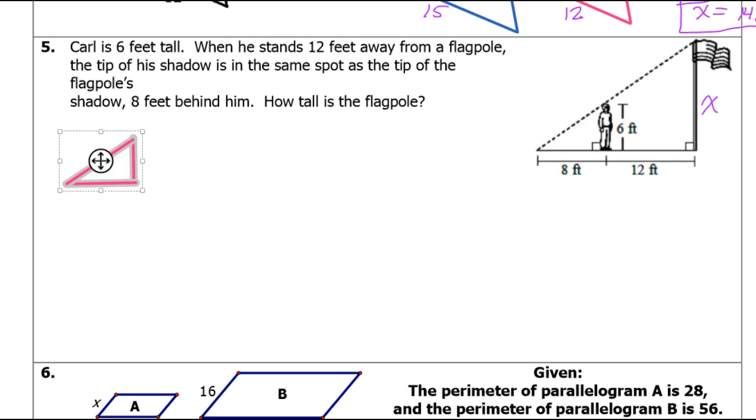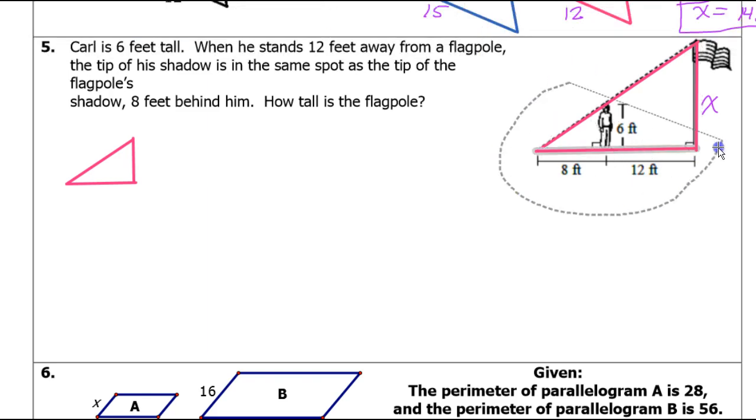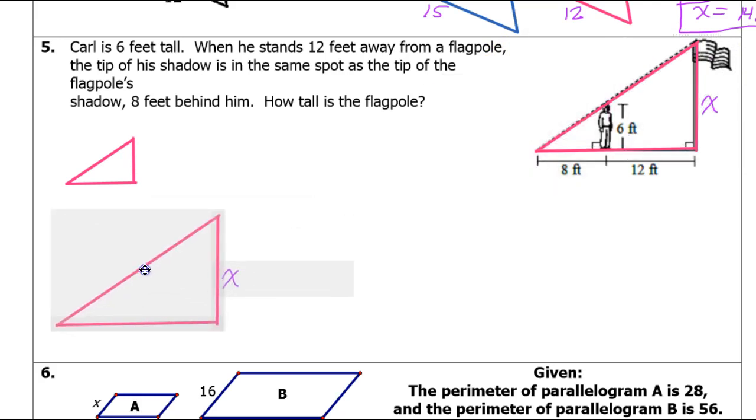And then at the same time, I'm going to make another triangle out of the big triangle involving the flag. Uh-oh, I missed. Let me try that again. All right, so I have the small triangle and the large triangle.